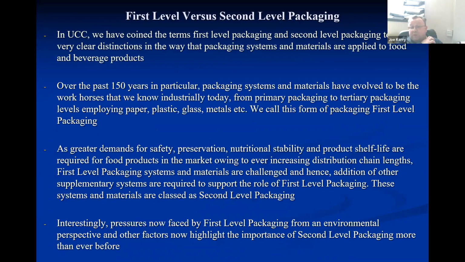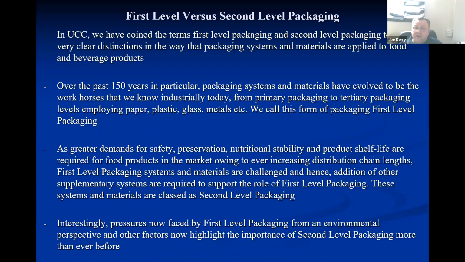Before I go on talking about some of the technologies that are at hand and that we might be able to use to help the packaging that we use around products now, we developed some terminology in our own packaging group, and we call it first level versus second level packaging.